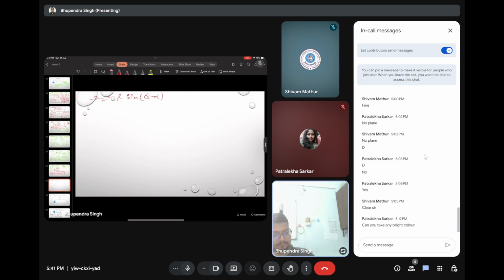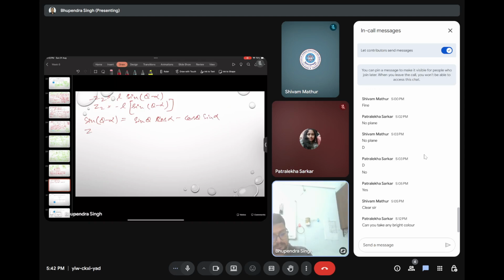You must know this identity: sin (theta minus alpha) can be expanded as sin theta cos alpha minus cos theta sin alpha, right?